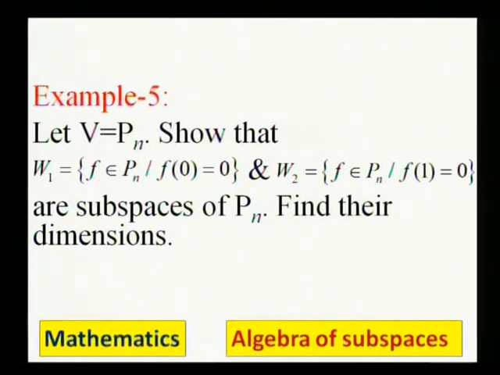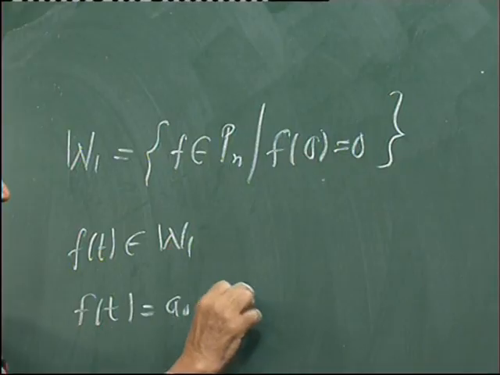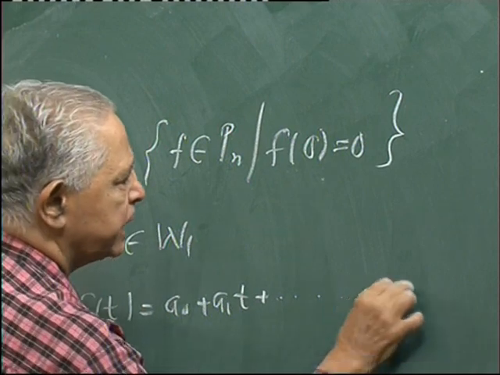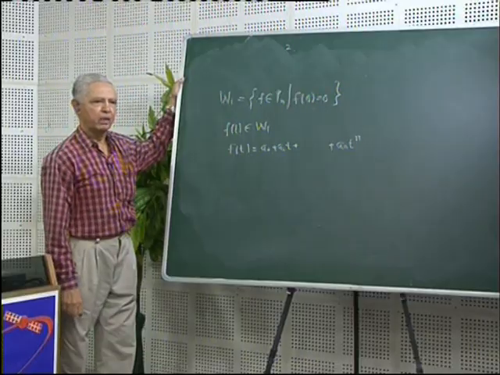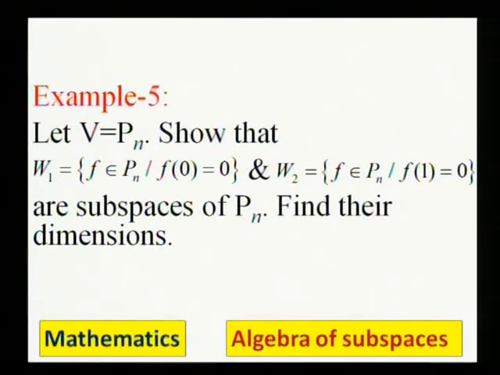Now, suppose that f(t) is a general form belonging to W1, with f(t) equal to a0 plus a1 t plus up to a_n t raised to n. We are given that since f(t) belongs to W1, f(0) equals 0.